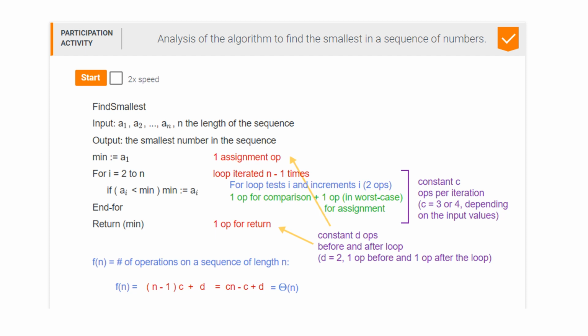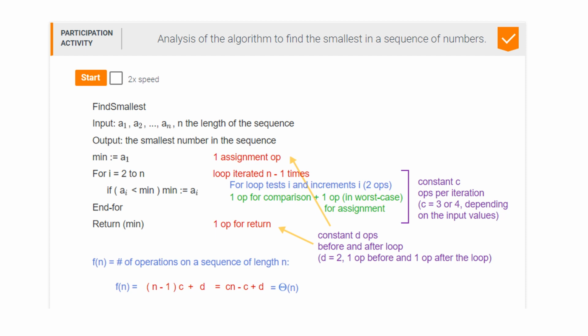So in the worst case, for the actual input, let's say that the smallest number was at the very end. Then every single time we go through this, or let's say that they're ordered in descending order, then every time we go through that, it's going to be making this assignment.